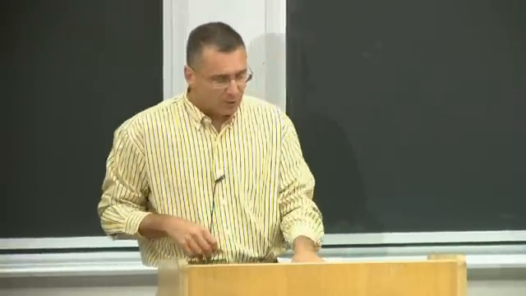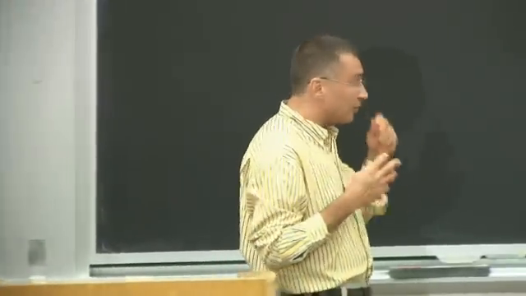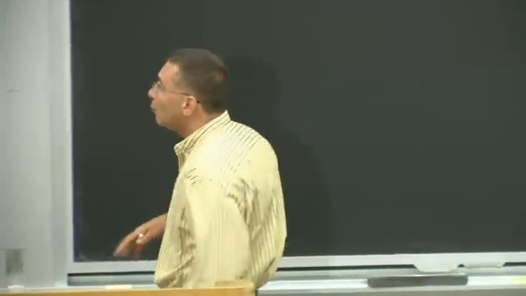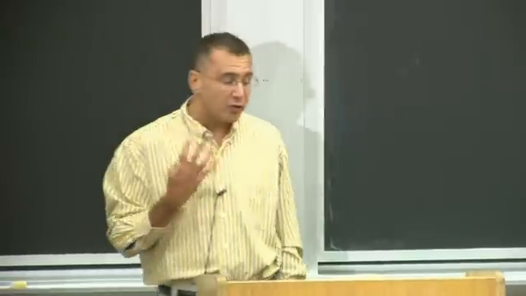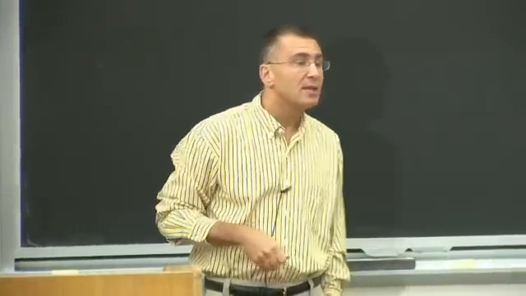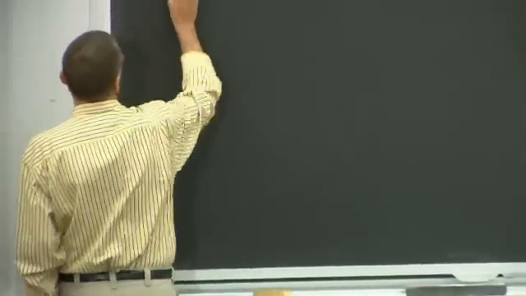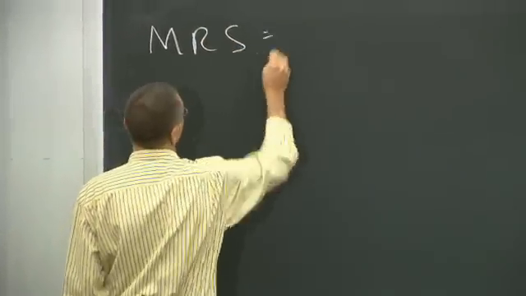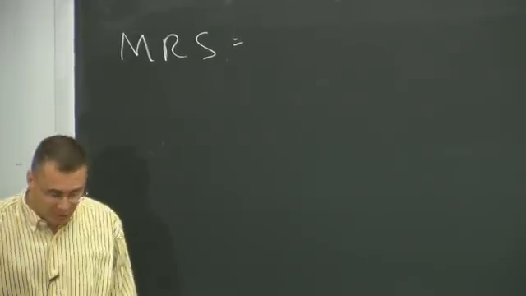Now let's talk about what it means that these slopes are equal. Does anyone remember what the slope of the indifference curve is? What do we call the slope of the indifference curve? The MRS. So the slope of the indifference curve is the marginal rate of substitution, which is defined as what?